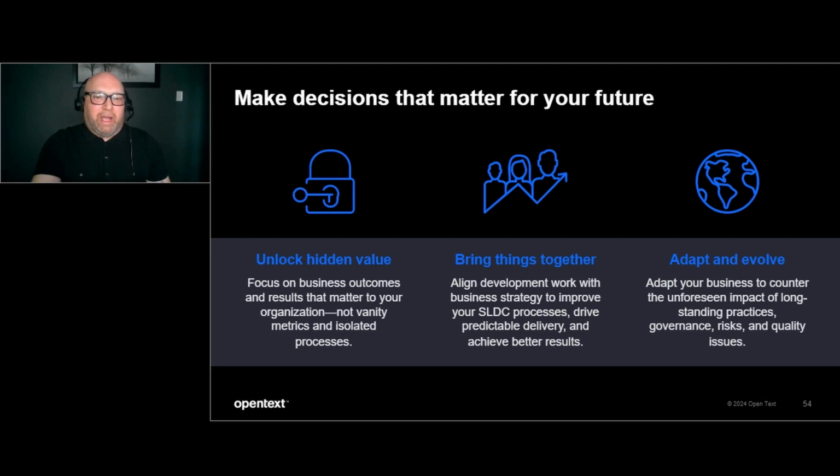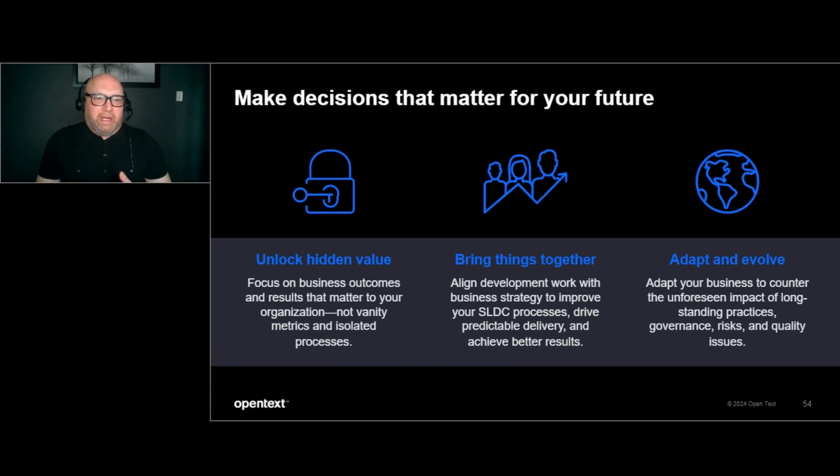Regardless of whether you act now or later, there are 3 takeaways I'd like you to get from this. 1, unlock your hidden value by focusing on business outcomes and metrics that matter to your organization, and reduce or eliminate the vanity metrics and isolated processes. 2, start bringing things together.